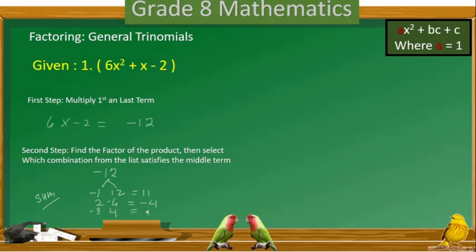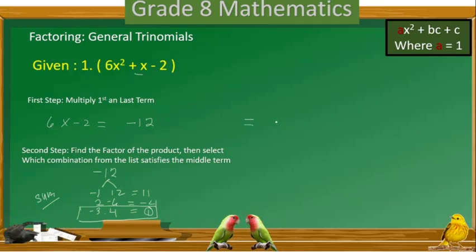If we compare these to the middle term, this is the correct one, where their sum is equal to the middle term. So we will use this one as the factors for the given trinomial.